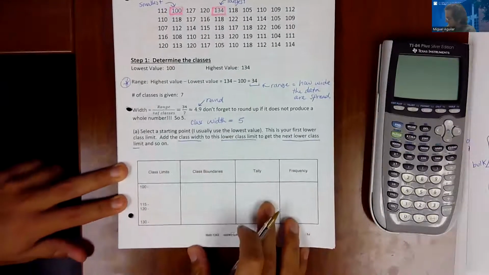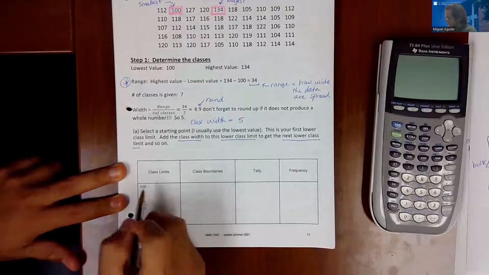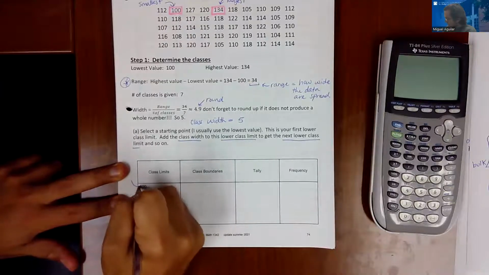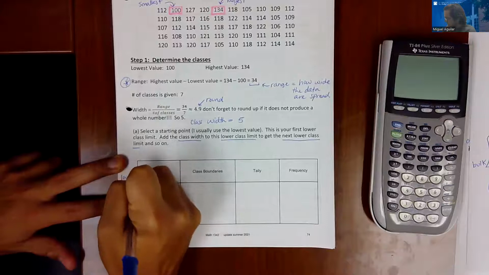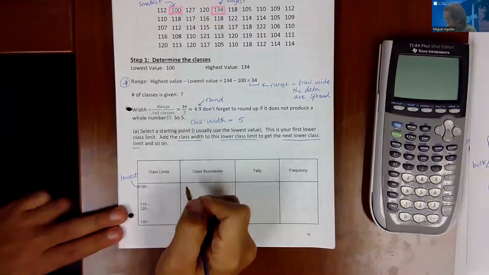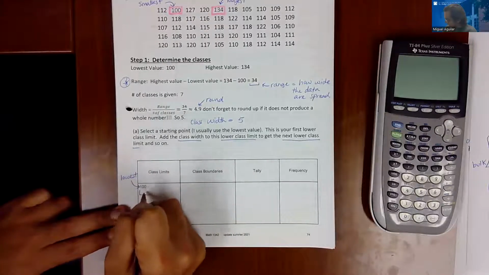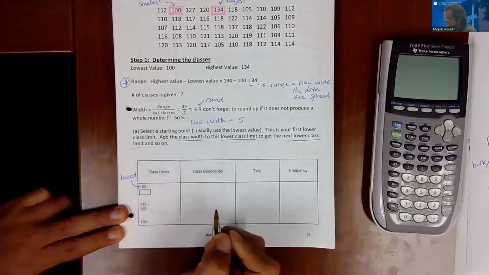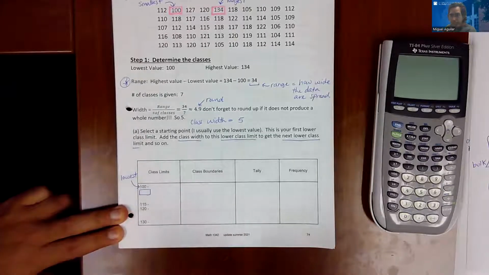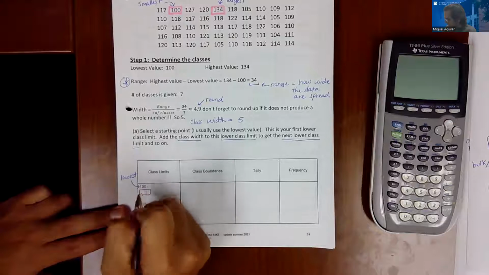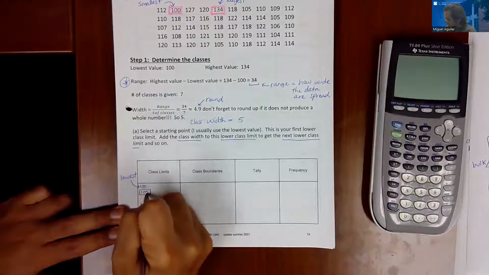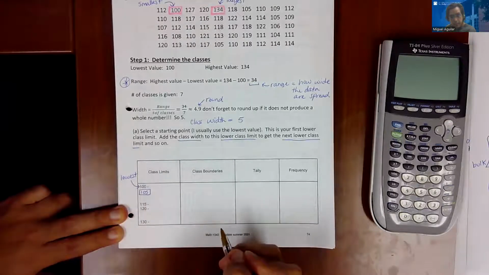So if we were filling this table out, we would start with the lowest, or the smallest, value here. And then to get the lower limit for the next class, we're just going to add the width. So we're going to put 105 here. Does that make sense?